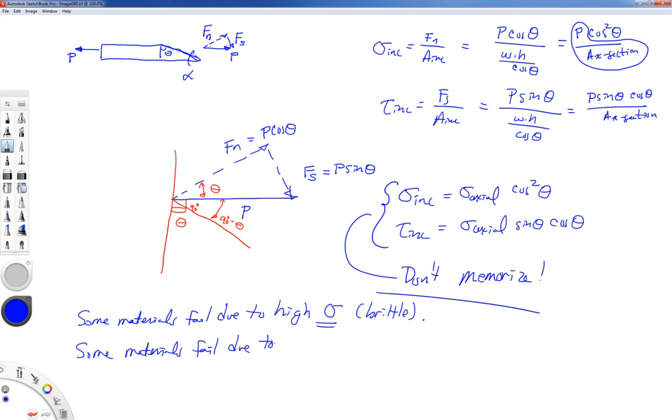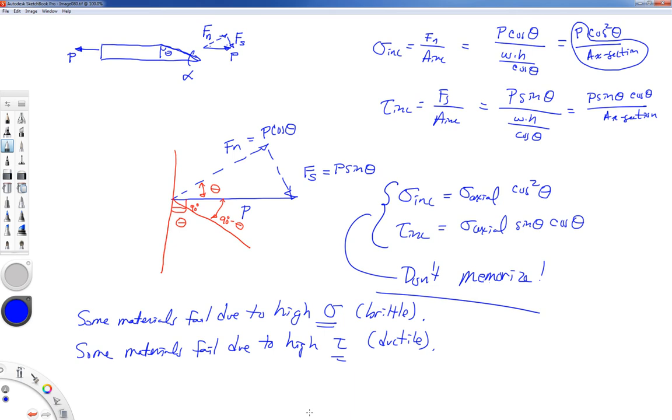And your ductile materials tend to fail due to high shearing stresses. So if we can figure out the angle at which we have a maximum shearing stress in a material or a maximum normal stress in a material, then we can predict how that material is going to fail if we know if it's ductile or brittle.